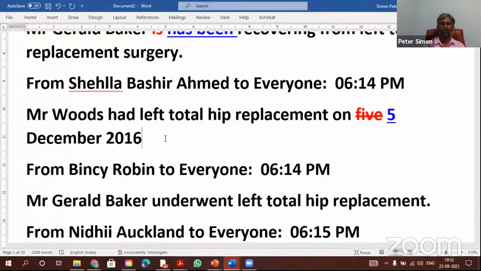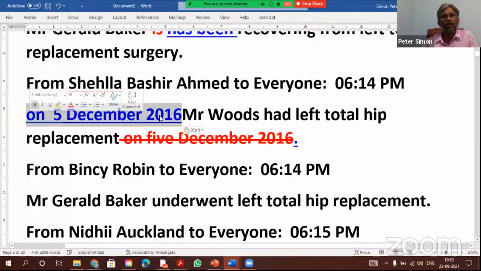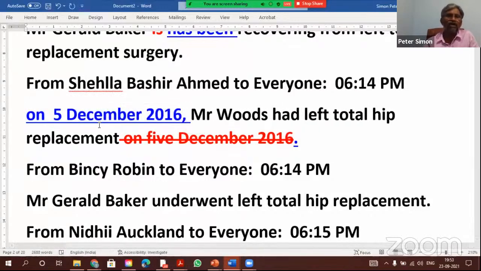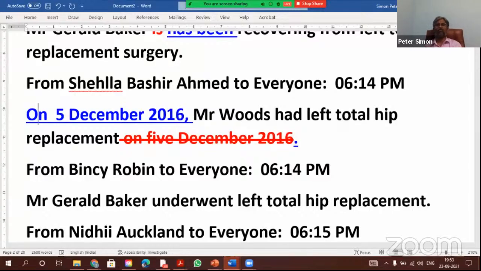Whenever you have a sentence, you just write full stop there. Mr. Woods had left total hip replacement on 5 December. Whenever you have a date like this, you can take it forward and put a comma. Always a date, you pull forward. On 5th December 2016, Mr. Woods had left total hip replacement. That's it. This is how you have to write.